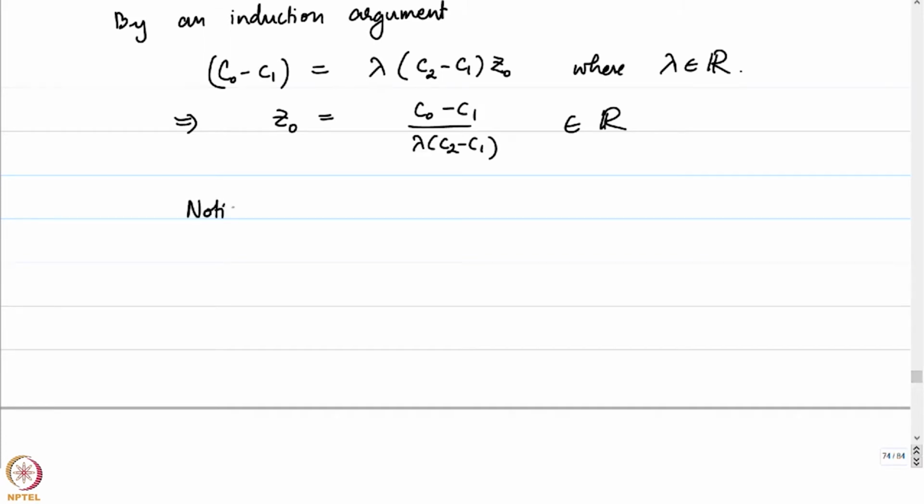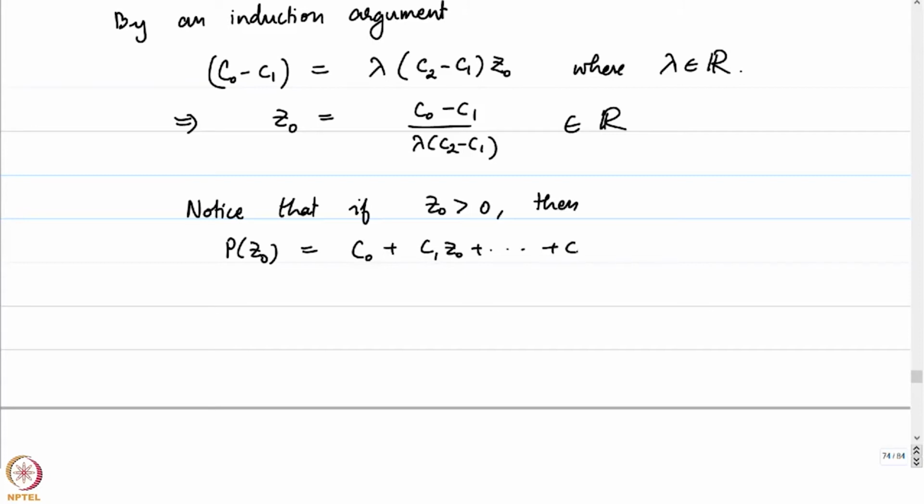Notice that if z0 is greater than 0, then P of z0 is equal to c0 plus c1 z naught plus something.